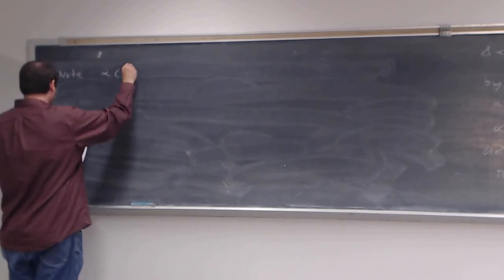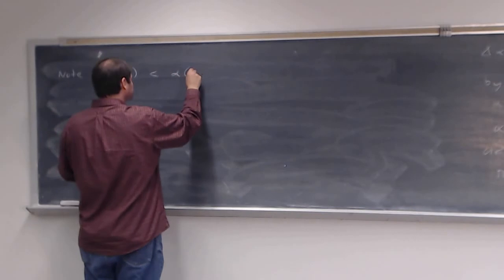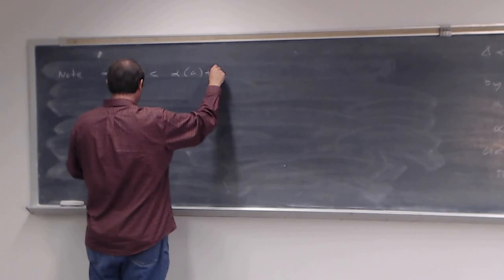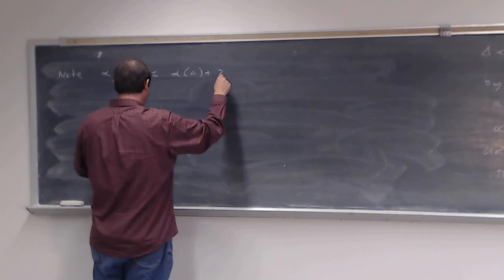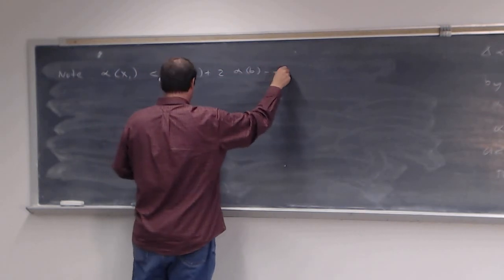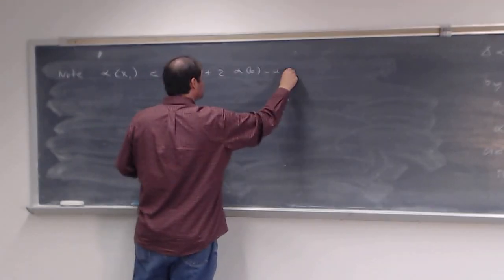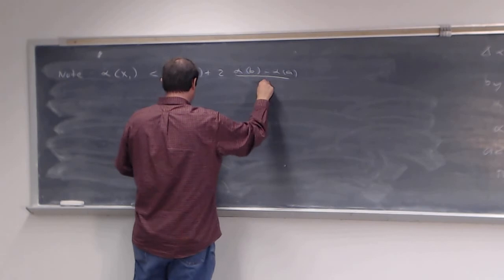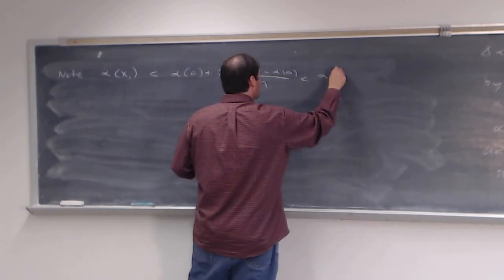Alpha of a plus 2 times alpha of b minus alpha of a, over n, is less than alpha of b.